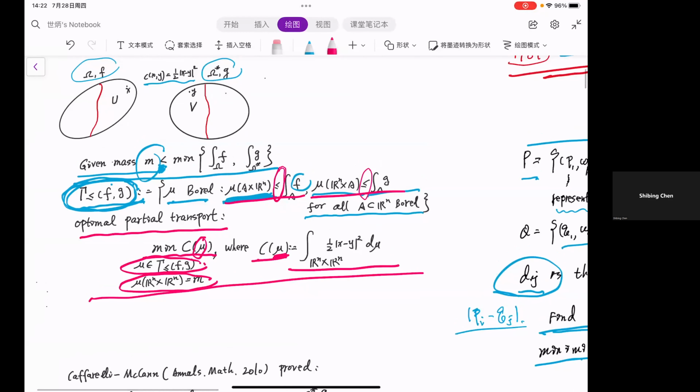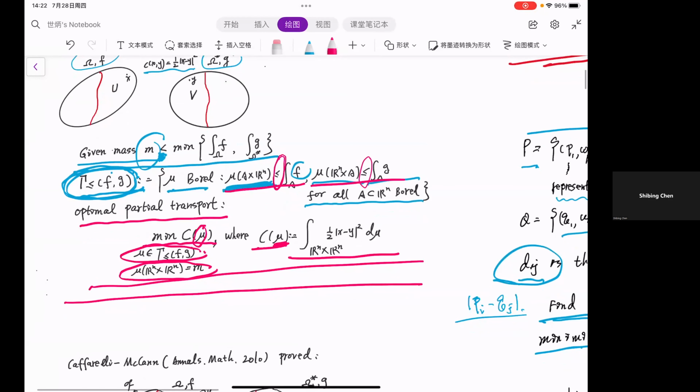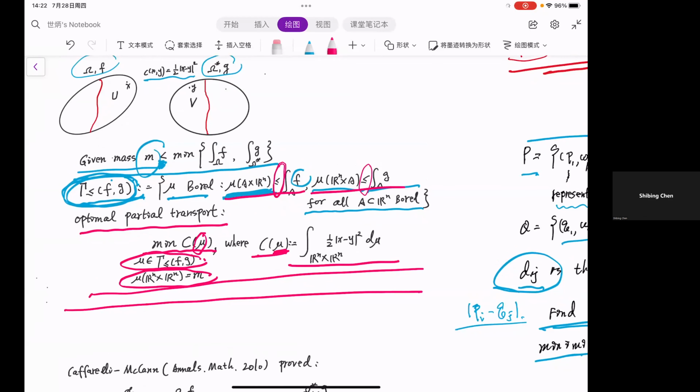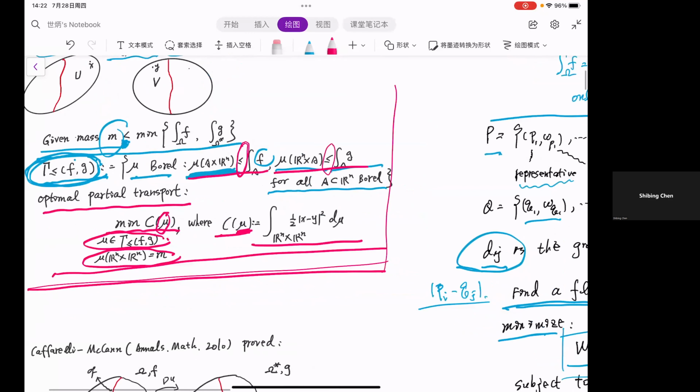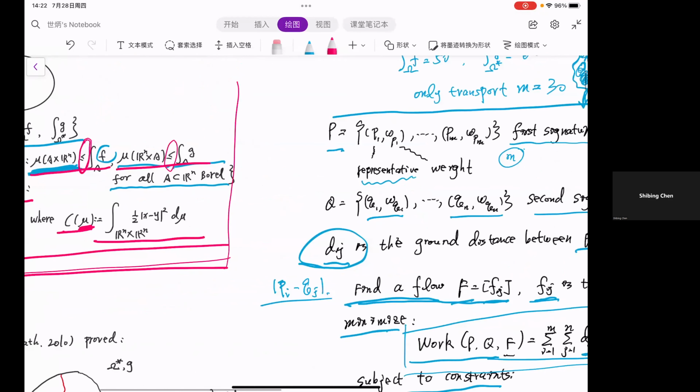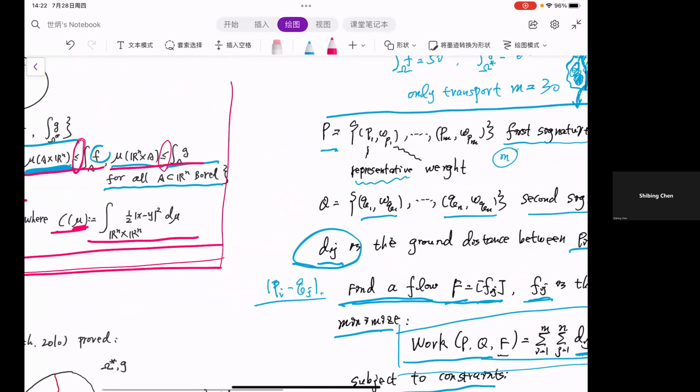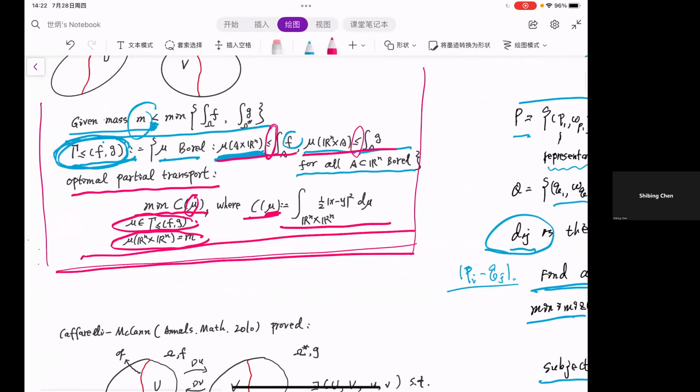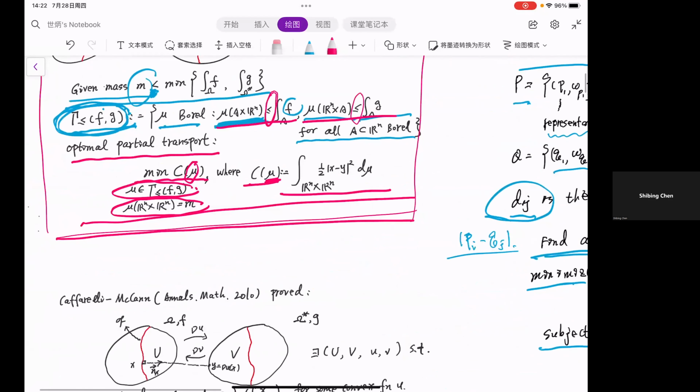So we have a rigorous formulation of this problem using mathematical language. In applications, this problem appears in image retrieval around the 1990s, I think. But in mathematics, I think the first paper very rigorously treating this problem is the 2010 Annals paper by Caffarelli and McCann.